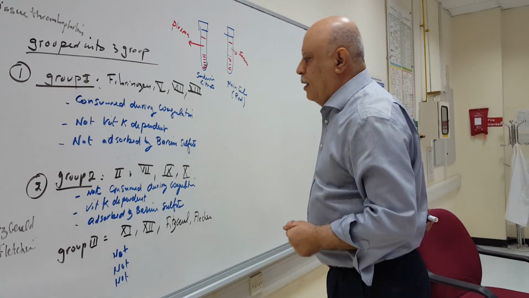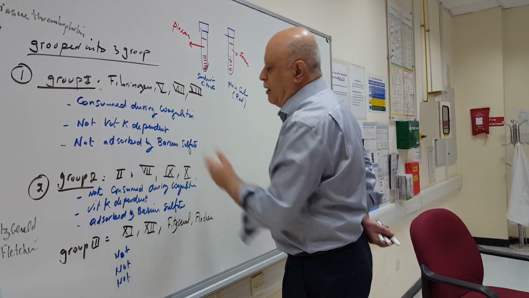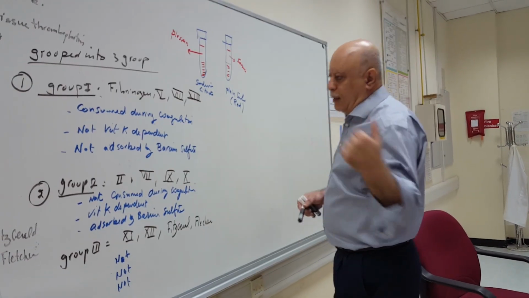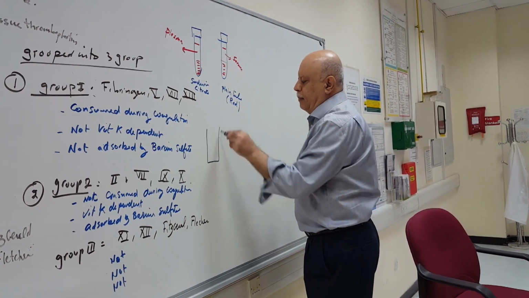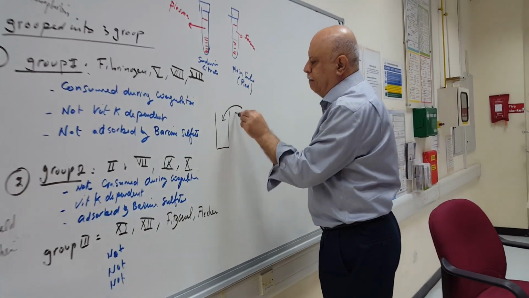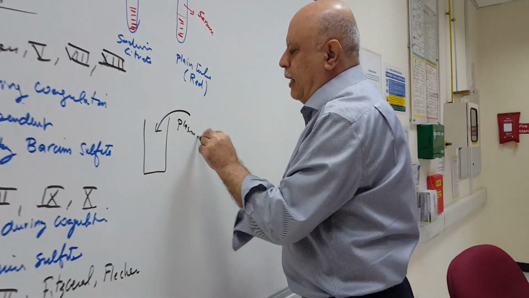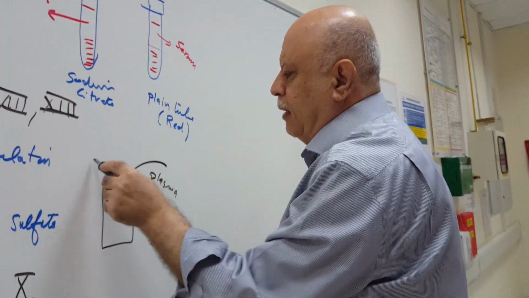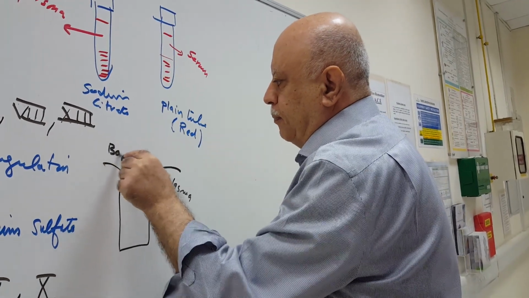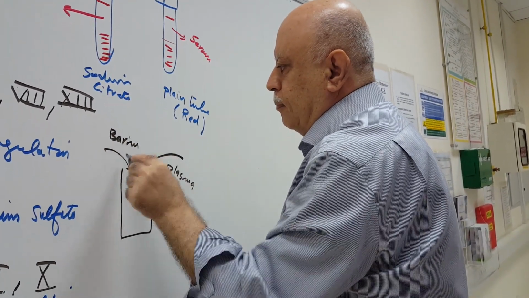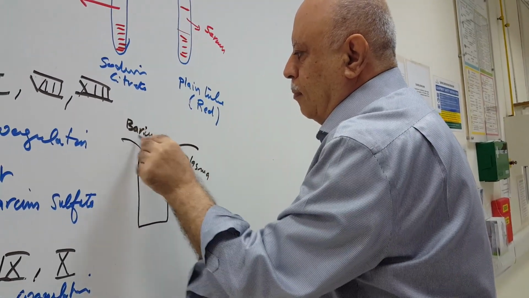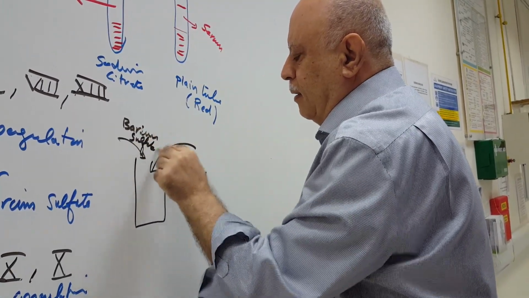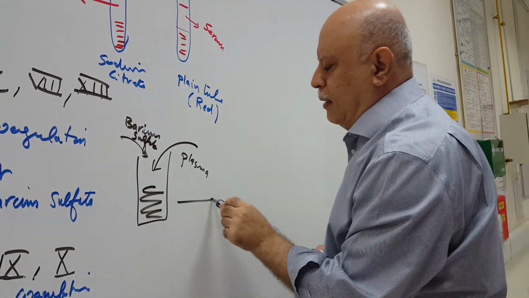Now, absorbed by barium sulfate. The importance of this comes later. If we add plasma, we have all the clotting factors, and we add barium sulfate, and we mix it, and we spin.